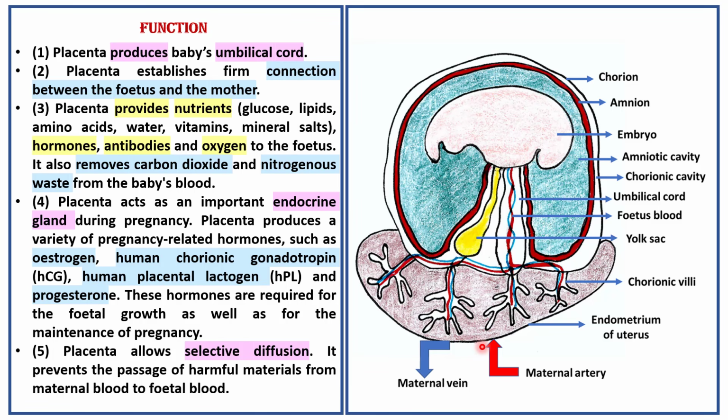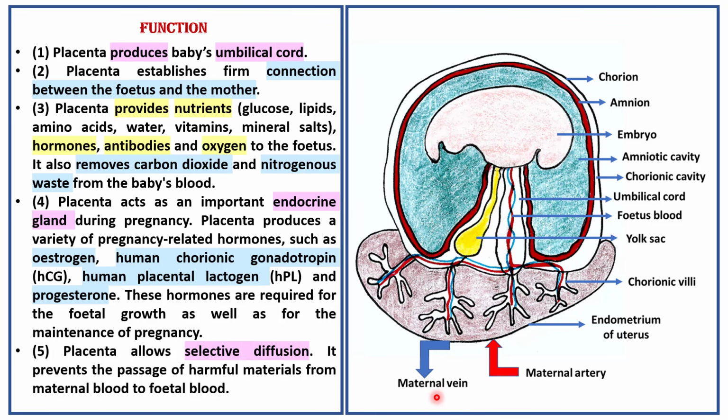Placenta provides nutrients such as glucose, lipids, amino acids, water, vitamins, mineral salts, hormones, antibodies, and oxygen to the fetus, because actually all come from mother. Placenta also removes carbon dioxide and nitrogenous waste from the baby's blood, and those enter into the mother's blood.